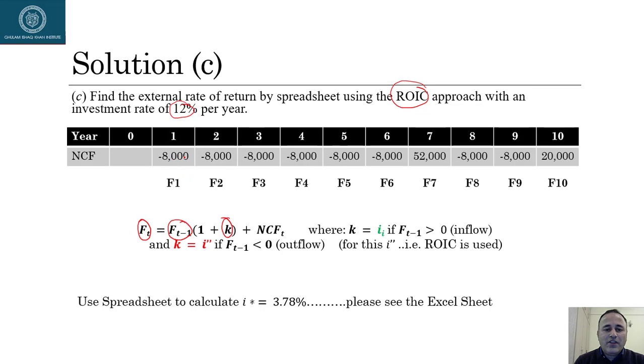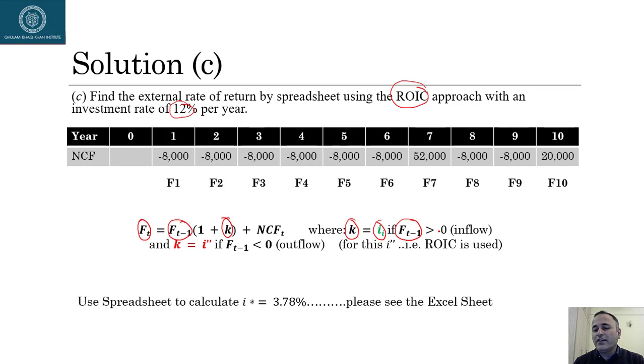So for example, my task would be to, and let's see, I have to use investment rate if the cash flow is more than 0. Means if the cash flow is positive, I have to use the investment rate. But if the previous cash flow is negative, then I have to use the ROIC, which is a required rate.